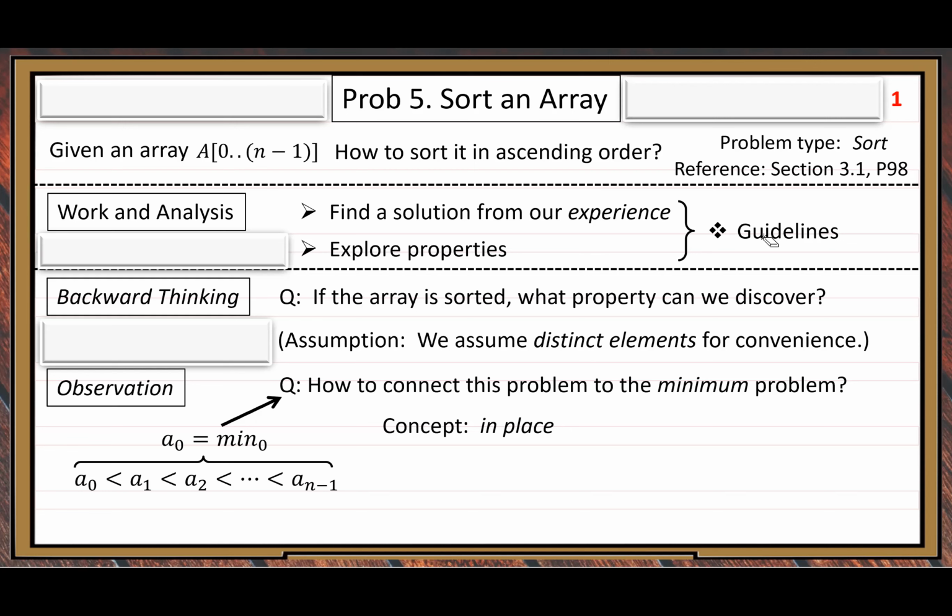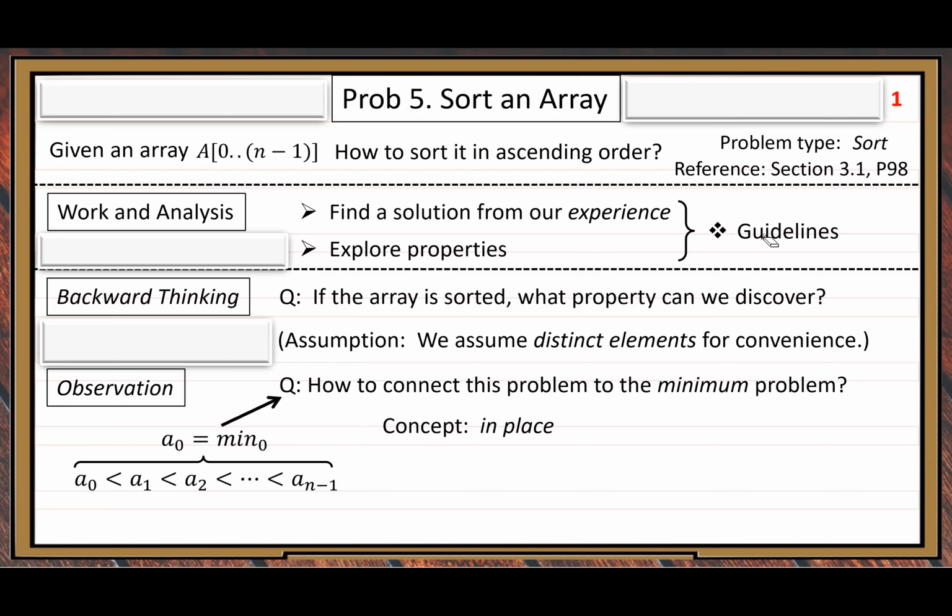When A0 is the minimum of the whole array, we should put it in the first position in our destination array. And that position is the right one in the sorted array. So we call that element in place. We put it in place. That's just terminology, so later we're going to explain.